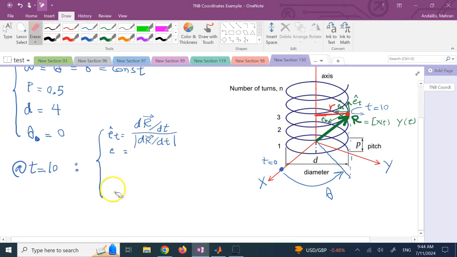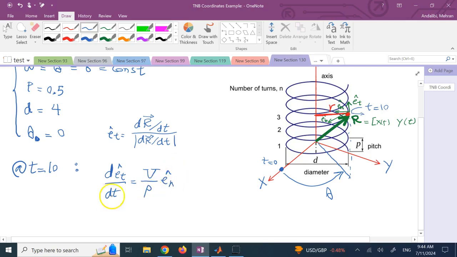Okay, that's for et. What about en? Well, if you remember from nt coordinates, the derivative of the et vector with respect to time is v over rho in the en direction. Here v is the speed of the particle at any point, rho is the radius of curvature at any point, and en is the normal.